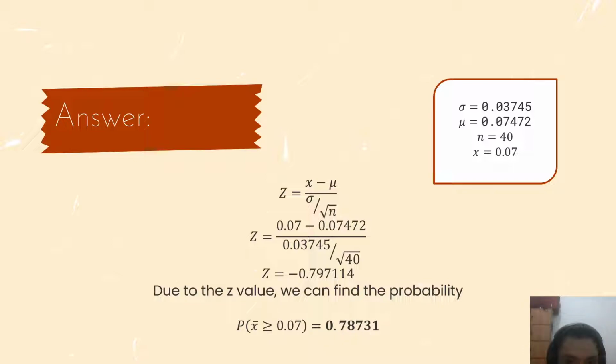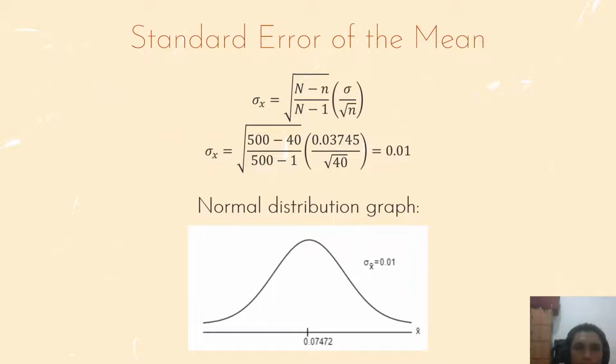From the z value, we can find the probability: P of the mean being more than 0.07 equals 0.78731.